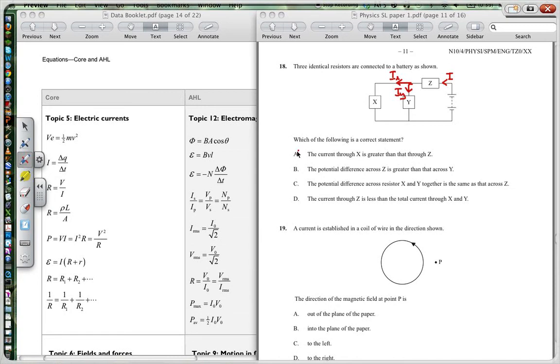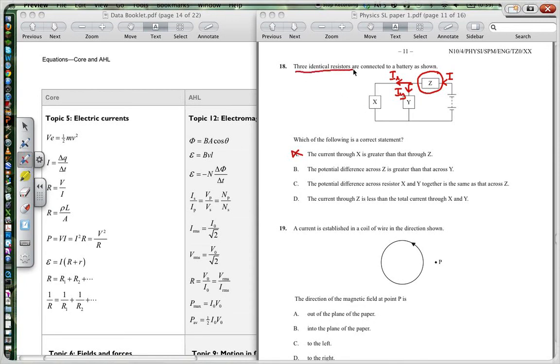So that's not correct. The potential difference across Z is greater than that across Y. So we have the potential difference across this Z. Now this will all depend on the fact that it says over here three identical resistors.